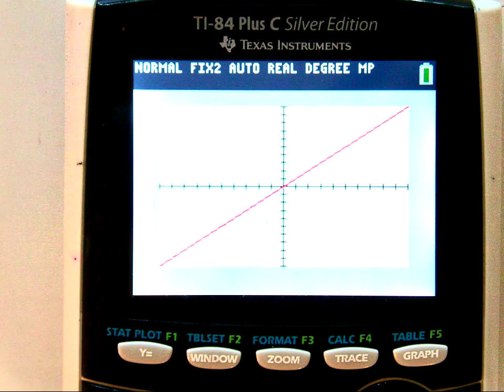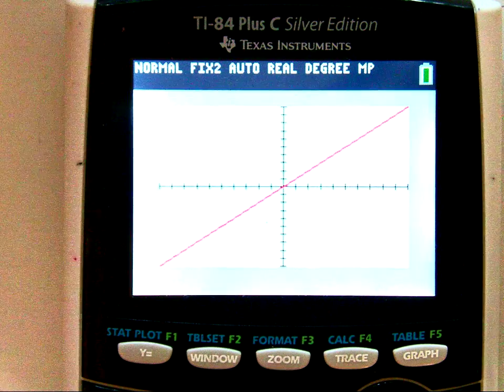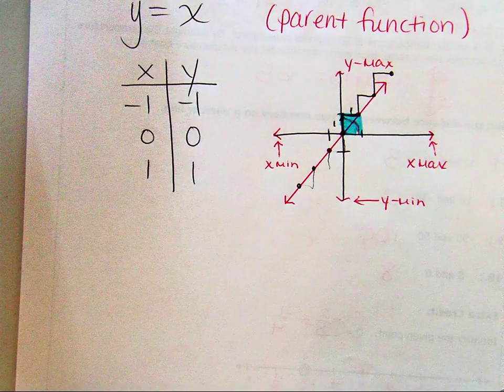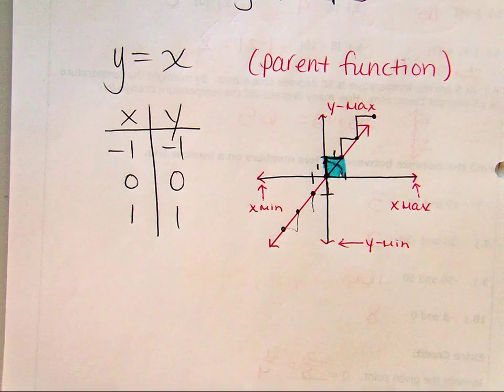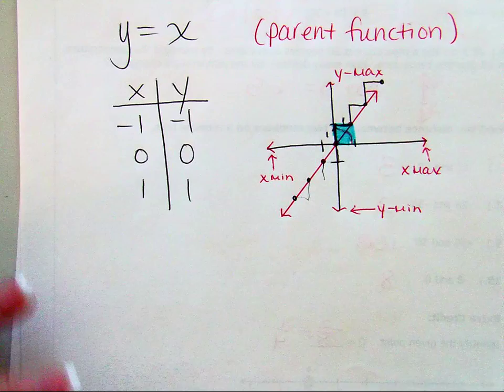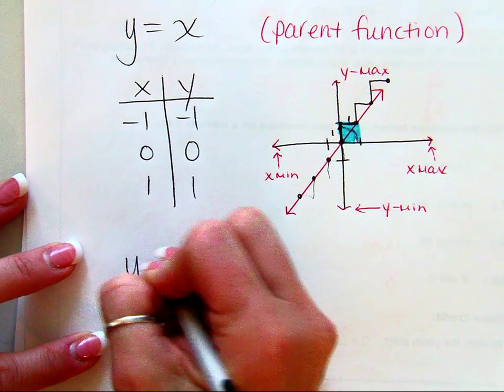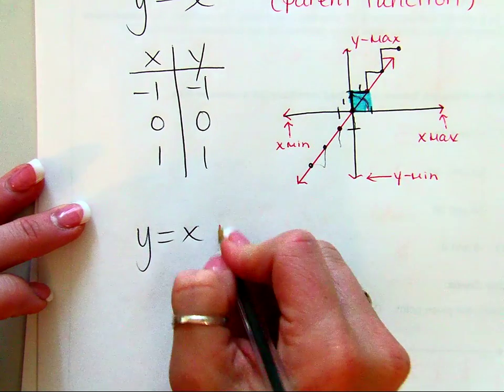All right. So now let's talk about, if I go back to this for a second and I take this parent function and I add something to it. Let's take this parent function, which is y equals x, and let's add 2 to it.